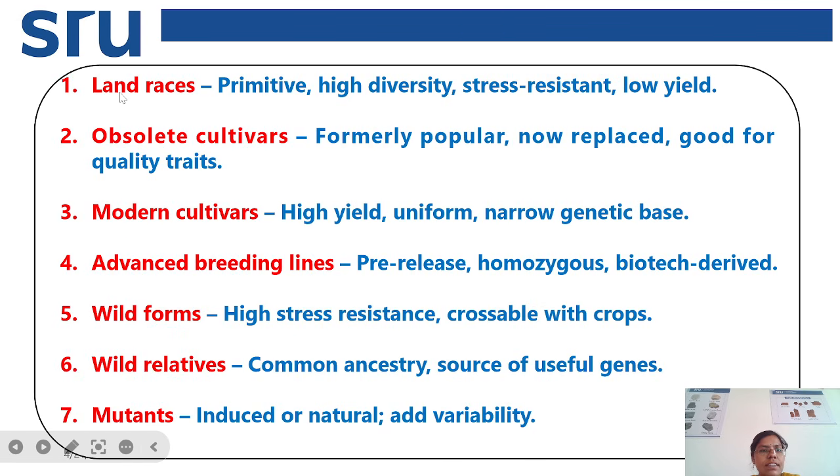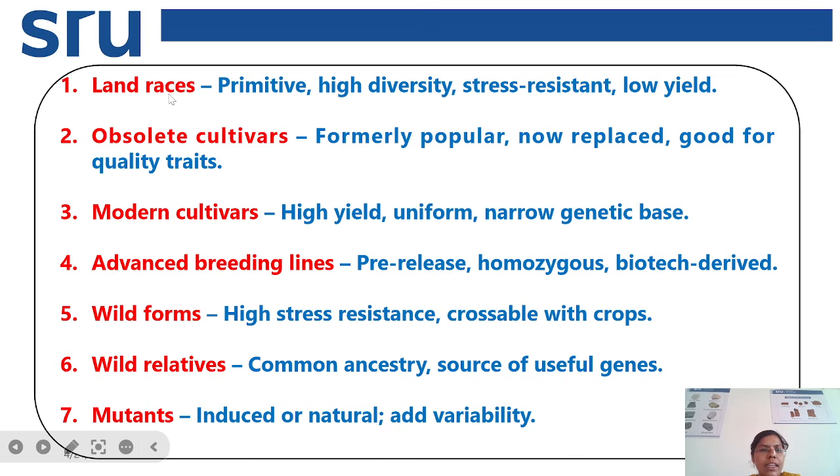First one is land races. Land races are the primitive cultivars which were developed by the farmers generation after generation without any systematic breeding effort.